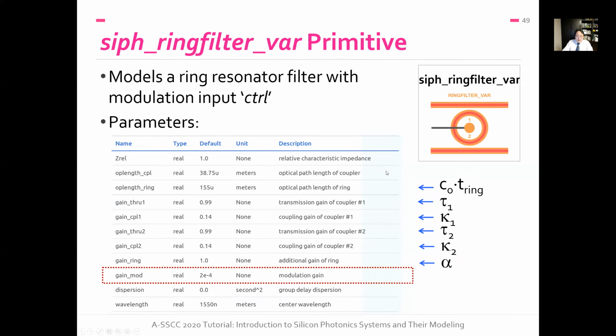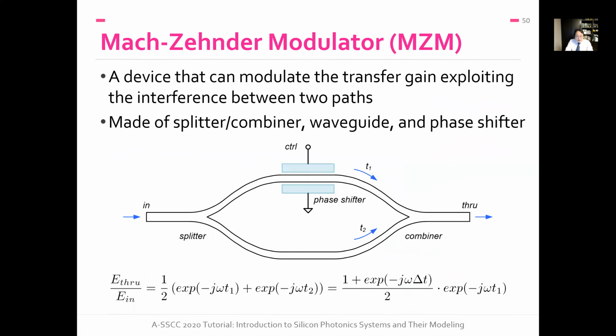And when you make this ring delay variable, you get a ring modulator filter, or ring resonator filter, and you have an additional parameter on how that delay is changing. All right. Now let's switch gears to a different kind of modulator.